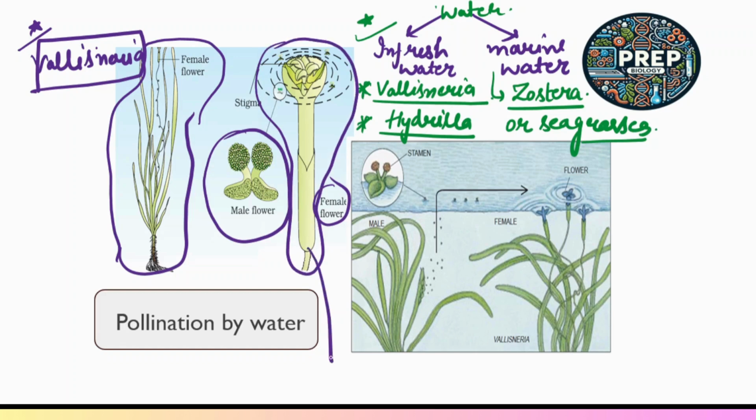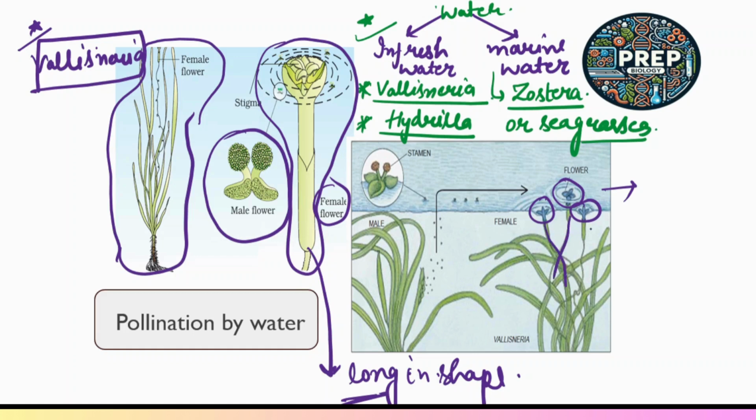We have discussed that the stalk of the stigma is long. In this picture, the female flowers have long stalks and reach the surface of water.